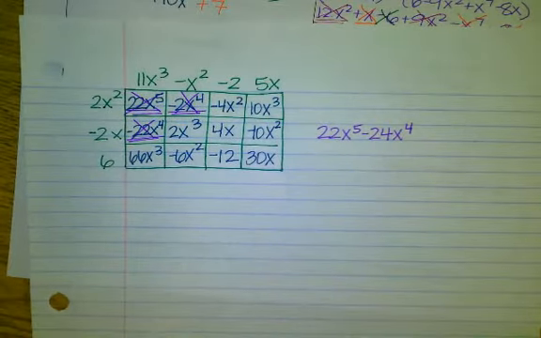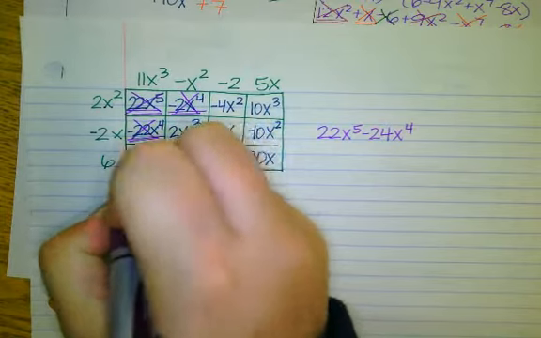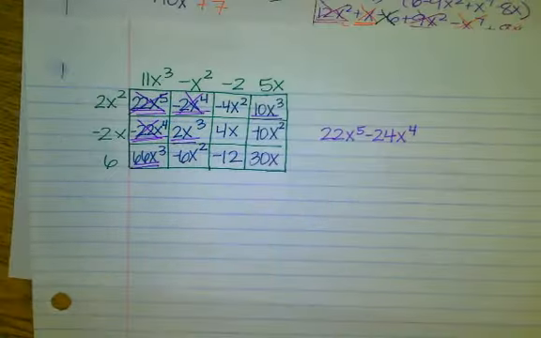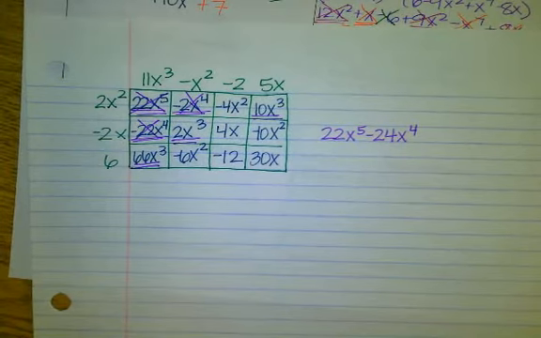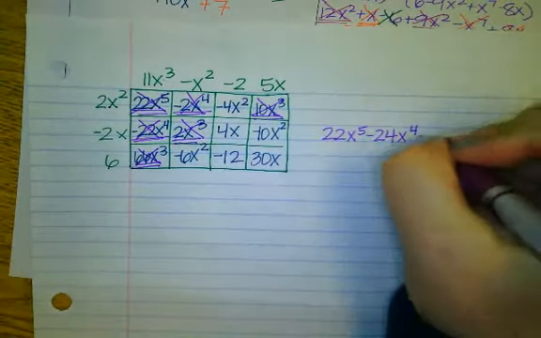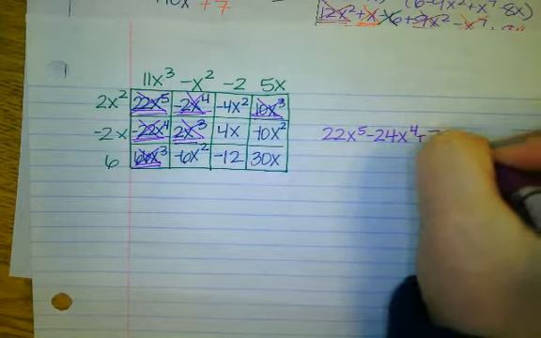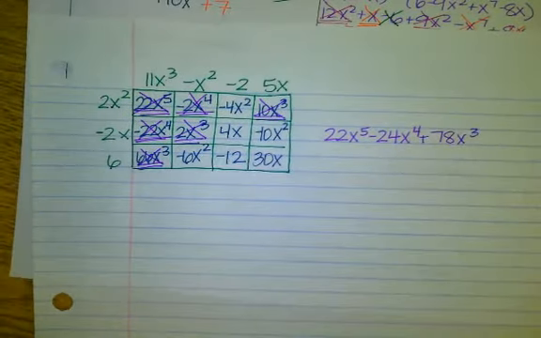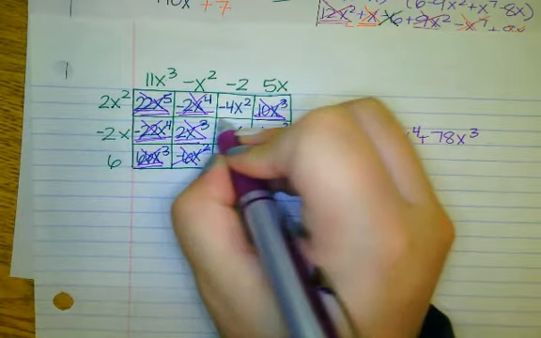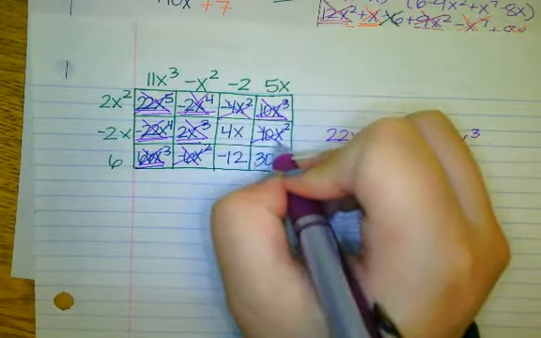Okay, then what? X to the third. I have 66x to the third, 2x to the third, and 10x to the third. What is it? 78. You have to search around your box and make sure that you get them all. Then what? I have negative 6x squared, negative 4x squared, and negative 10x squared.